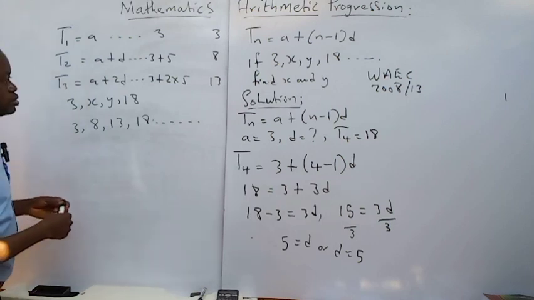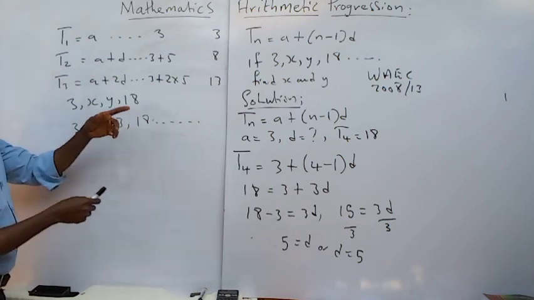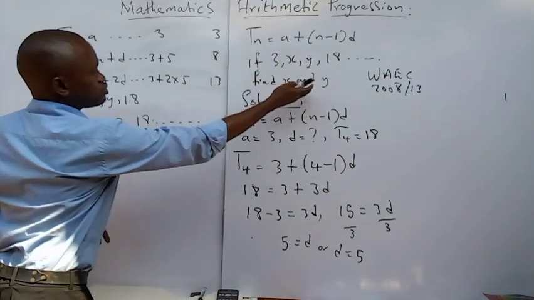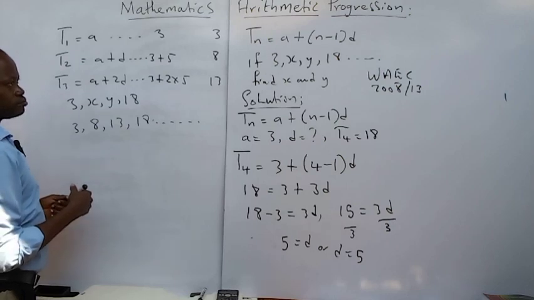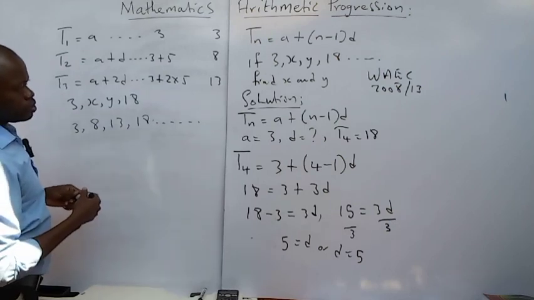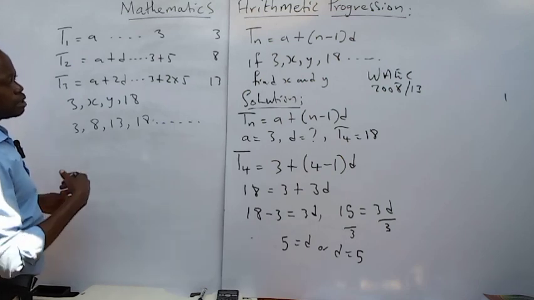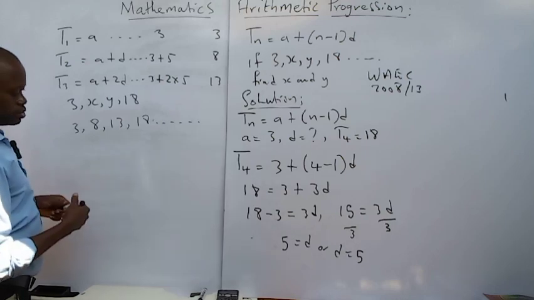Do we get that? This is the sequence that is derived, and we have been able to answer the question, find the values of x and y. So that's the application of that expression for finding the nth term of an arithmetic progression, or finding unknown values as the case may be.